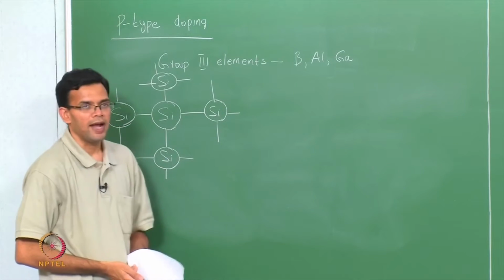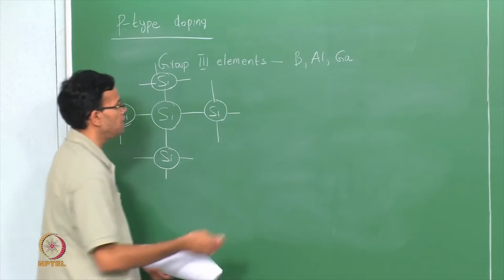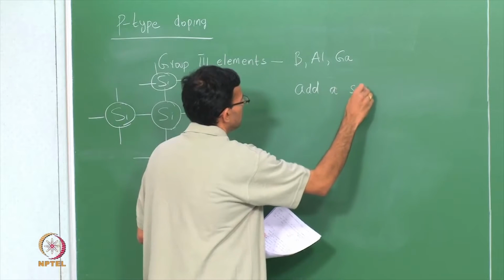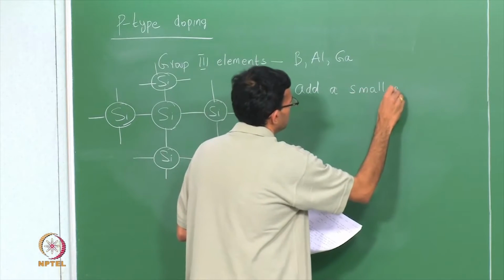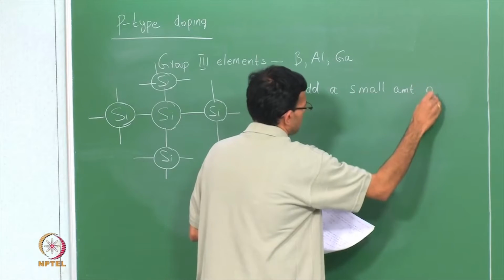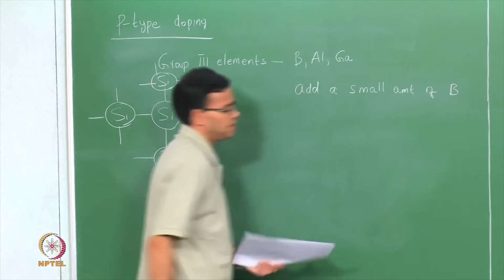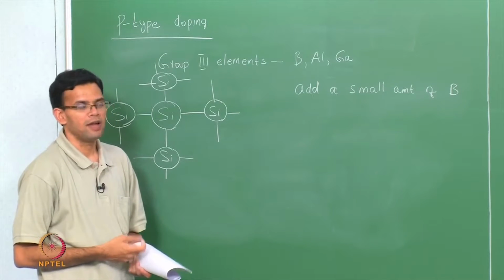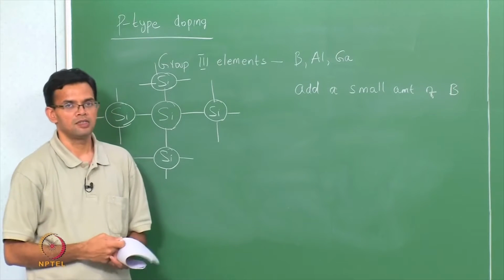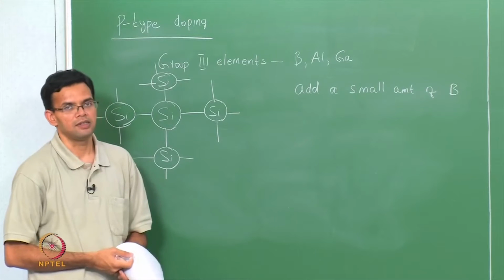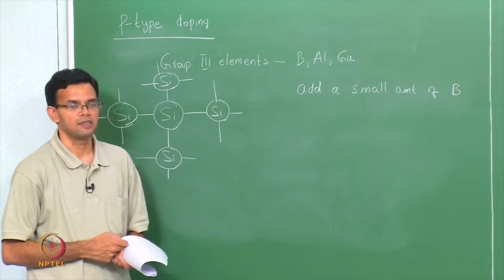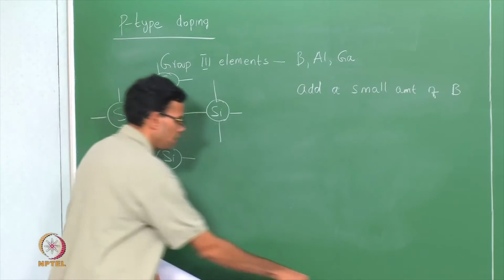So, now you add a small amount of group 3 element. Let us say add a small amount of boron. Once again, the boron atoms just replace the silicon atoms in the lattice. The concentration is so small that it does not affect the lattice arrangement of silicon.